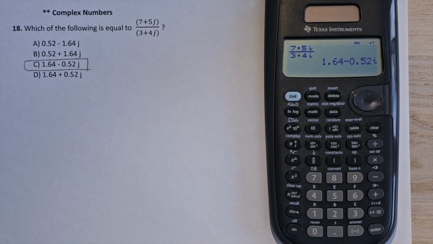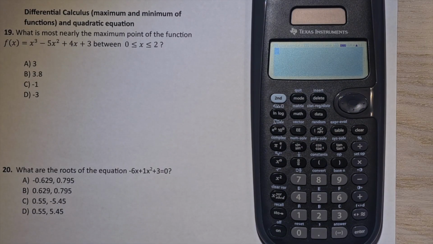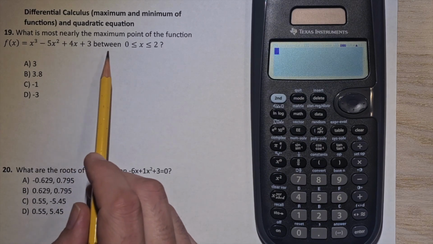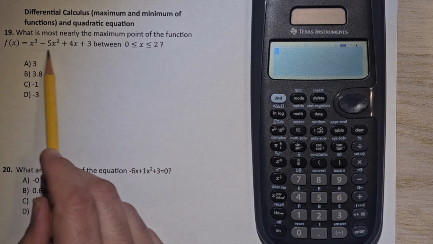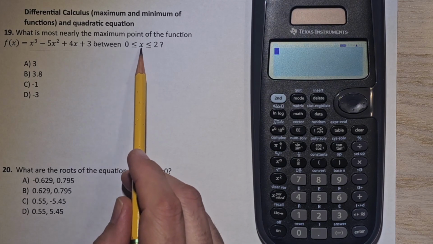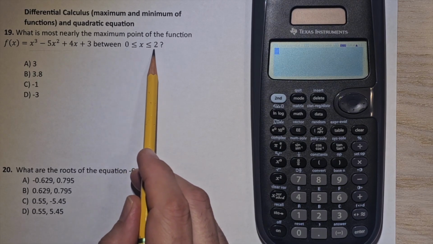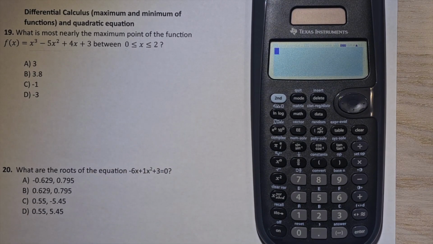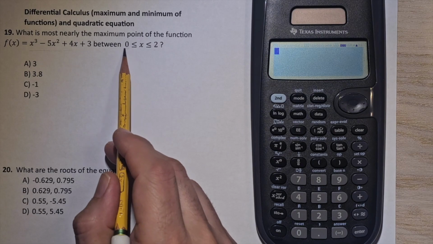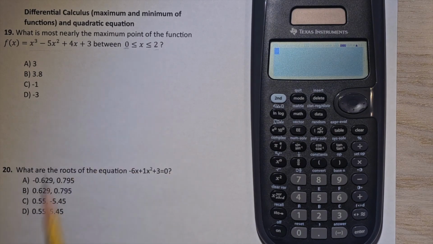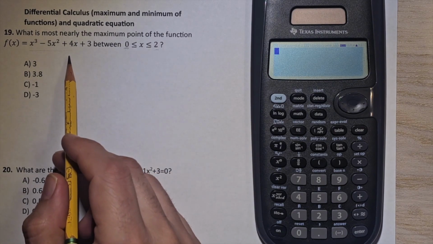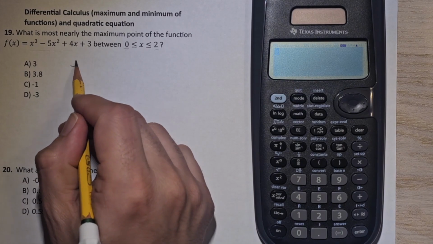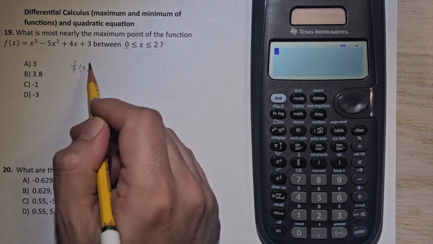That's it. With example 19, what is most nearly the maximum point of this function between 0 to 2? This is a tricky question because if we substitute the boundary points, I mean 0 and 2, into the function, we will have, let's do that.